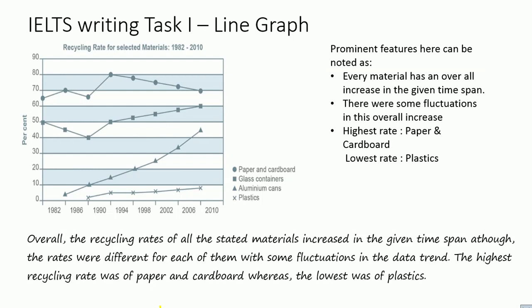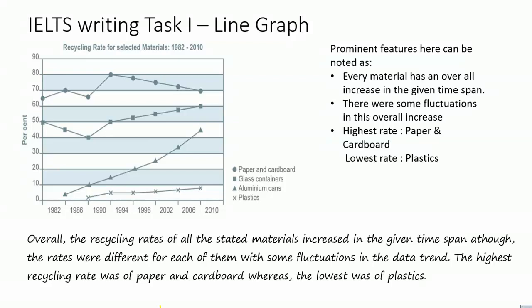Let's go through it once. Overall, the recycling rates of all the stated materials increased in the given time span, although the rates were different for each of them, with some fluctuations in the data trend. The highest recycling rate was of paper and cardboard, whereas the lowest was of plastics.